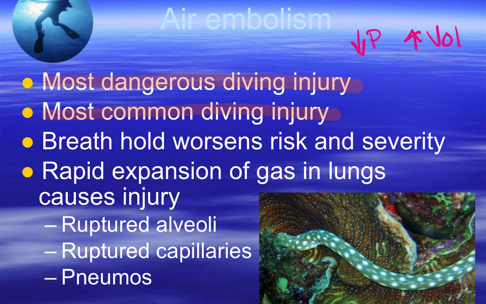Whereas if we ascend too fast, we have a rapid decrease in pressure and a rapid increase in volume, which is going to force air from the lungs into the blood vessels. We can have alveolar rupture, pneumothorax, and ruptured capillaries. So we have to make sure that we're ascending slowly. Now you can see why it's such a big deal if we have our bottom injuries, panic, and all of a sudden we rush to the surface.